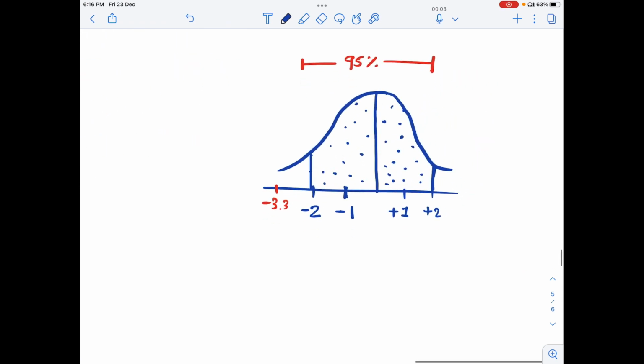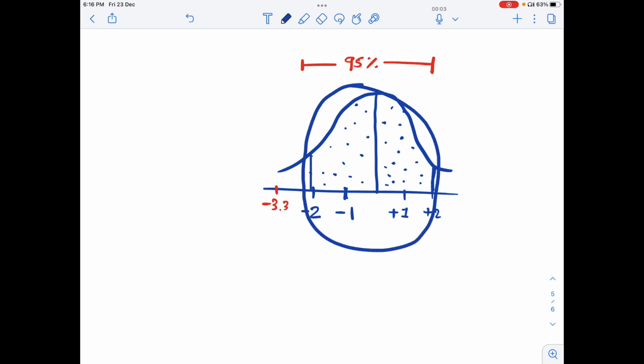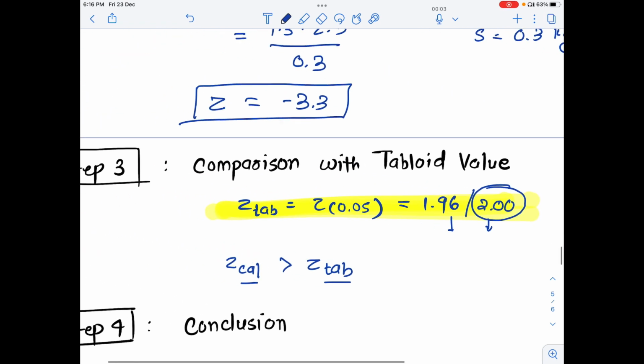So this is a normal distribution curve, and any value that falls within this realm is considered as non-significant, because it falls within the majority of the 95% of samples. And this value here was outside of this 95%, that's why it will be considered as significant.